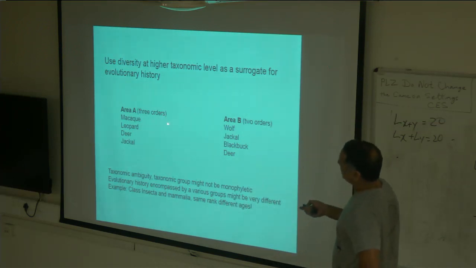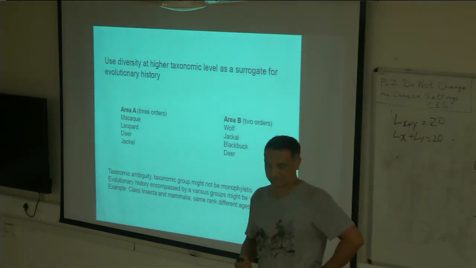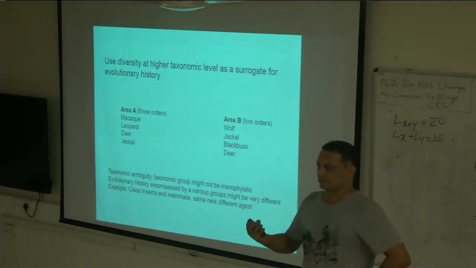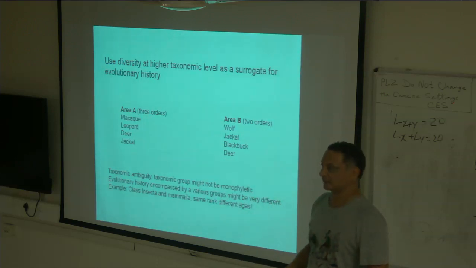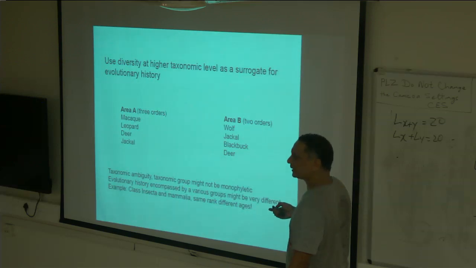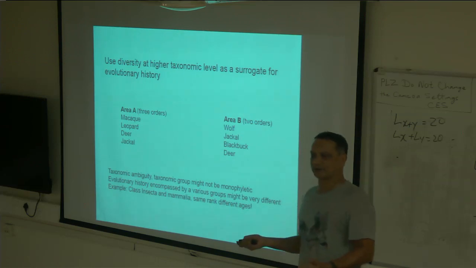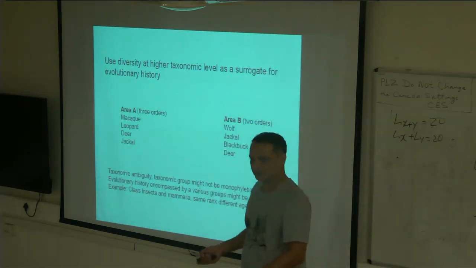So in the past, what people have done, for example, they have said, let's look at diversity at a higher taxonomic level to incorporate more information in your calculation of diversity. For example, area A has 3 different orders of mammals. This has only 2 orders of mammals. So, this is going to cover the information. You don't really need phylogenetic information, right? Traditional classification will do the job.